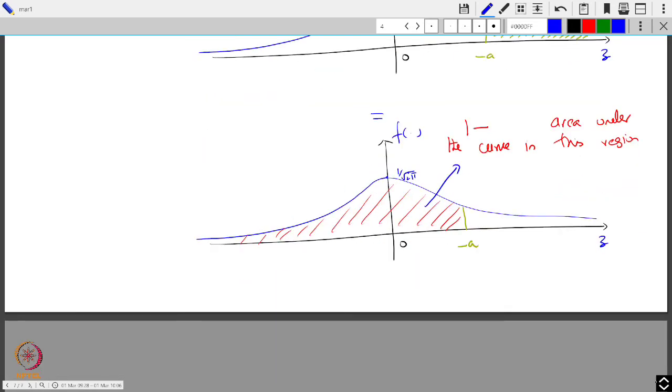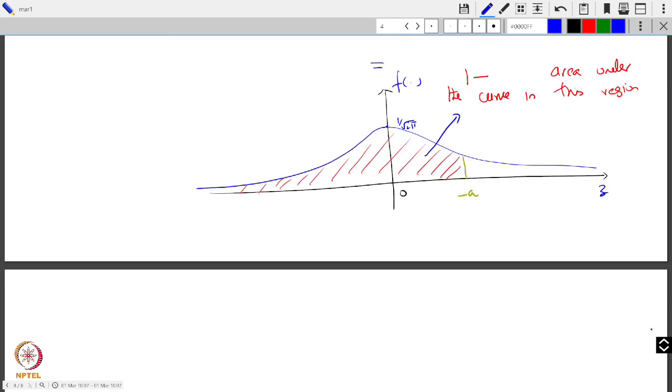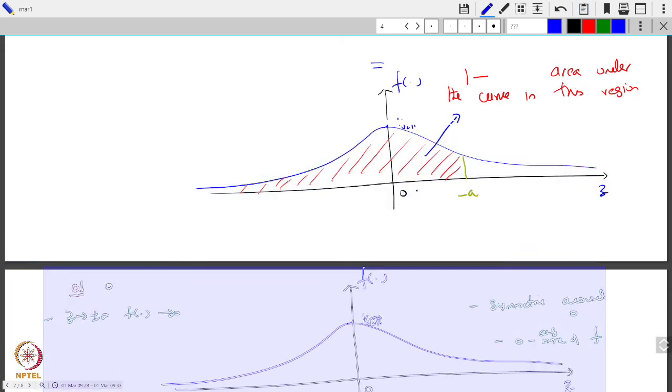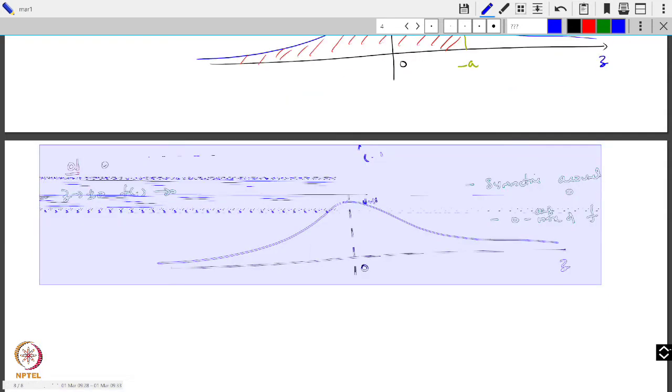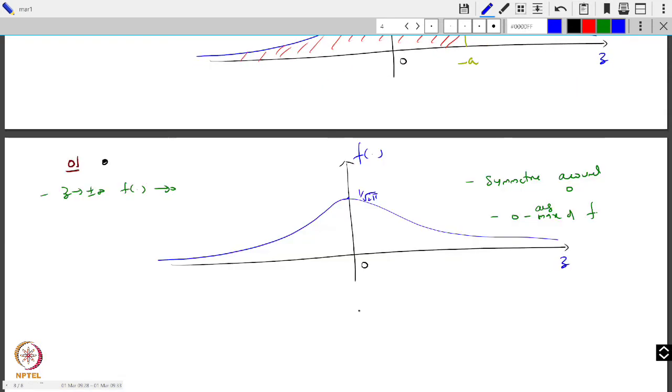But this is again the same as, let me bring one picture down here. This is this. And here is again this, and then let me bring one more picture down.